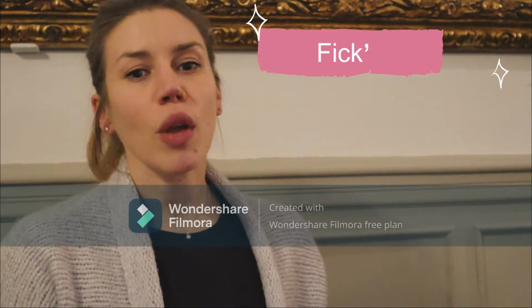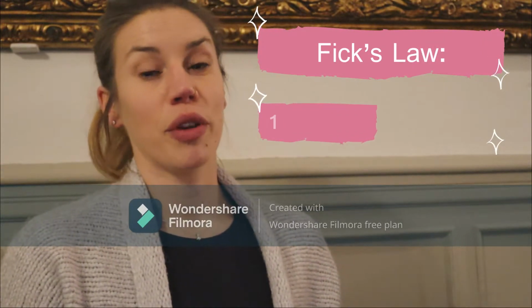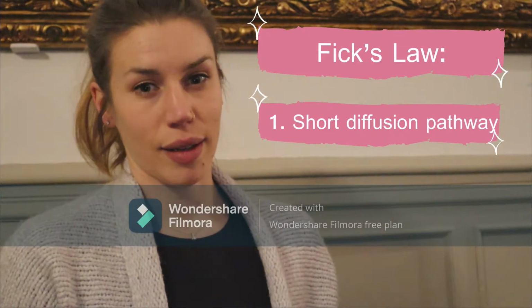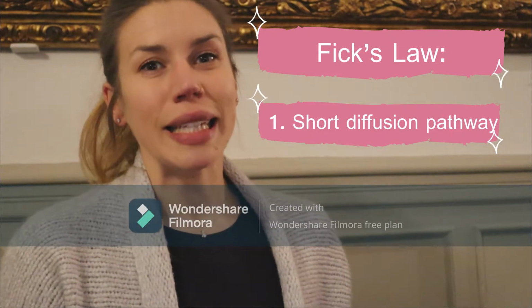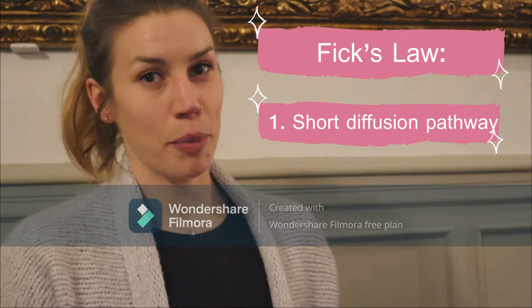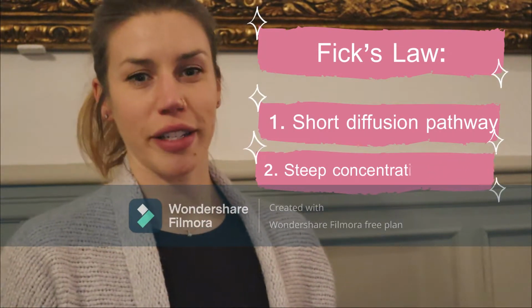So, we need a short diffusion pathway. The structure of both capillary beds and the alveoli at the lungs are 1 cell thick, and then flexible red blood cells squeezing through little gaps and pressing up against the capillary walls shorten this diffusion pathway. We also need a steep concentration gradient.